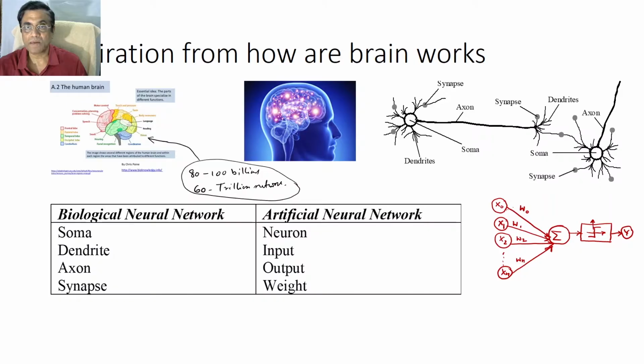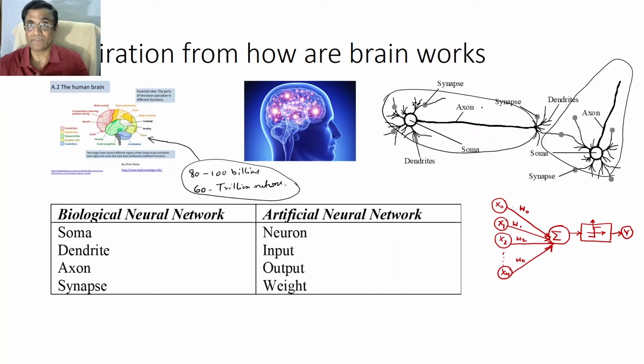This is the soma, that is the cell body, and these are the dendrites, that is the input, and this is the synapse. So inputs are associated with synapses, similar to weights. And then the output is connected. So this is one neuron, the output of which is connected with another neuron. So this is another neuron, and several such neurons are interconnected. So this is the network.